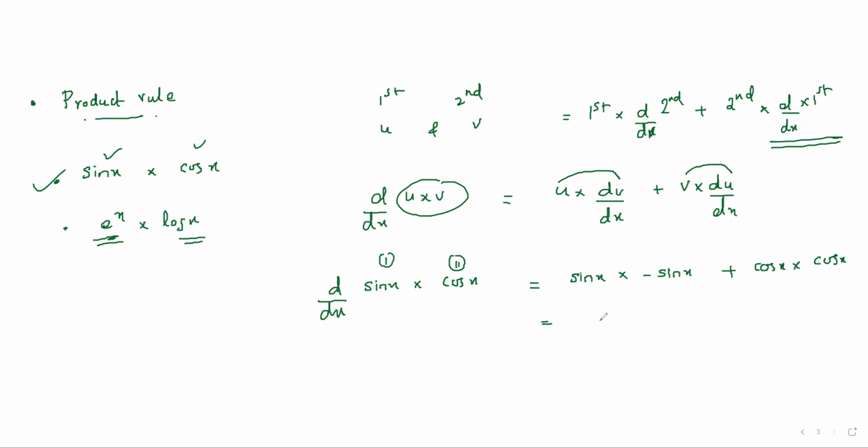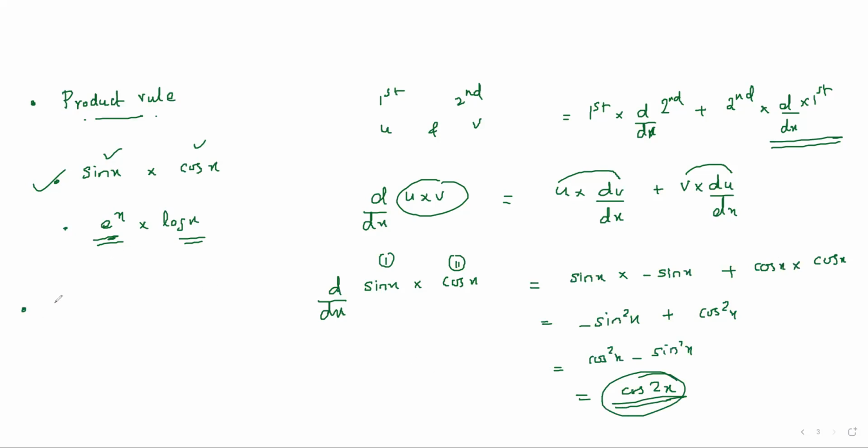So what do you get? Minus sin x into minus sin x is minus sin square x, plus cos x into cos x is cos square x. So you can write it like this, cos square x minus sin square x, or you can also write that as an identity, cos square x minus sin square x is cos 2x. So you can write the answer like this also. Okay, so that is the first example.